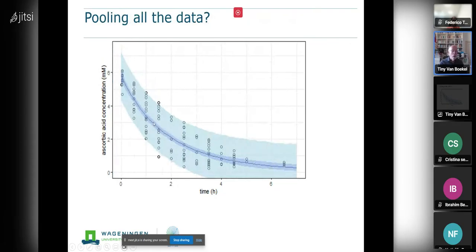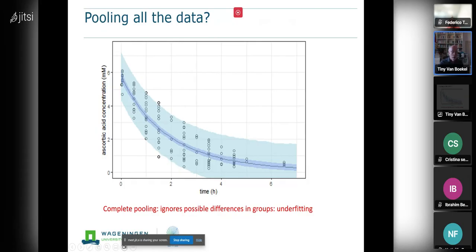You can also try to pool everything, and then you still, of course, have a confidence interval for the mean that is more or less the same, but now the prediction interval is very wide. If you do that, you also neglect something, namely that all these experiments are the same.